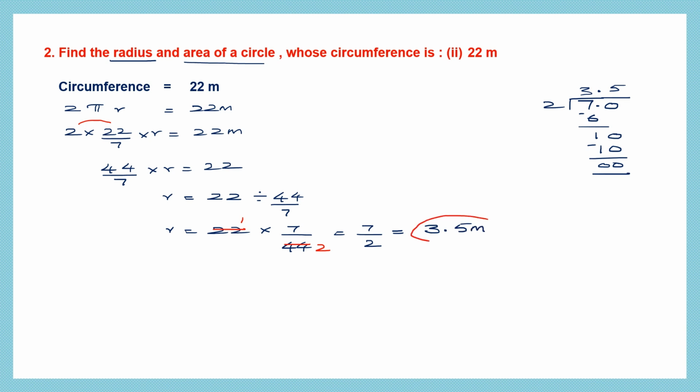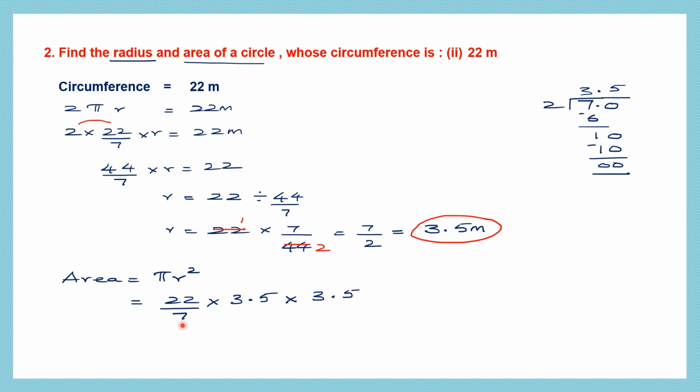We were asked to find the radius and the area. So now that we have found the radius, we can find the area. And what is the formula for area? Area is equal to pi r square. So that is pi is 22 by 7. R is 3.5. R square will be 3.5 into 3.5.